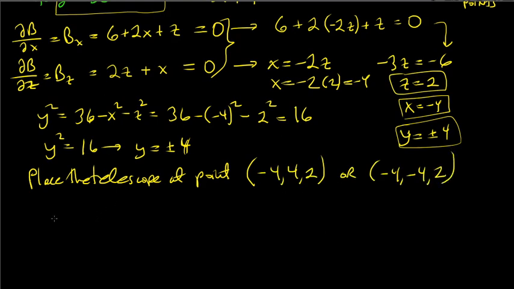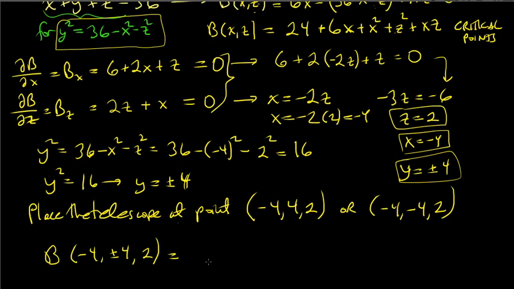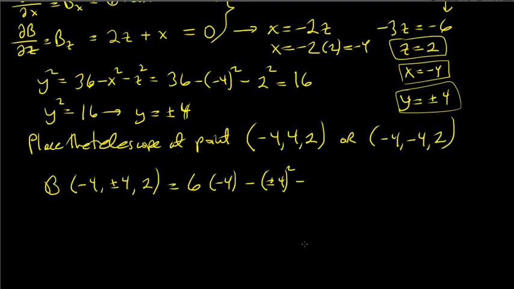And you'll see it does not make a difference, right? Whether we use a positive 4 or negative 4 for y, remember what b was. It's 6x minus y squared plus xz. So 6 times x minus y squared, right? You're squaring y, so positive or negative doesn't matter. Plus xz. So plus negative 4 times 2.